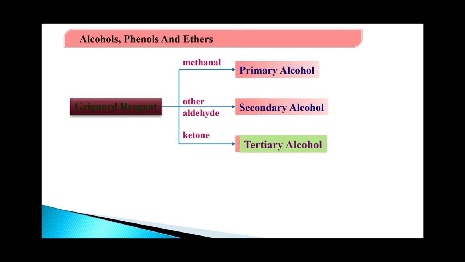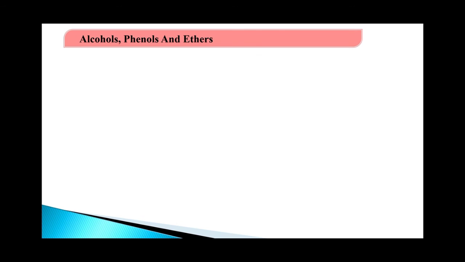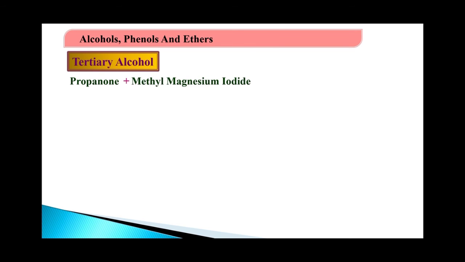Let us go with the ketones. Ketones on reacting with Grignard's reagent give rise to a tertiary alcohol. Let us take a simple example. Propanone, or common name acetone. Acetone on reaction with methyl magnesium iodide gives rise to 2-methylpropan-2-ol. Now see, CH3 C double bond O CH3, propanone or acetone.